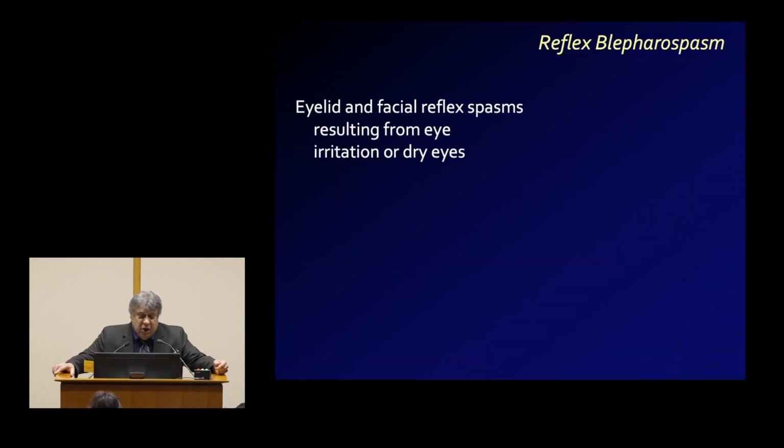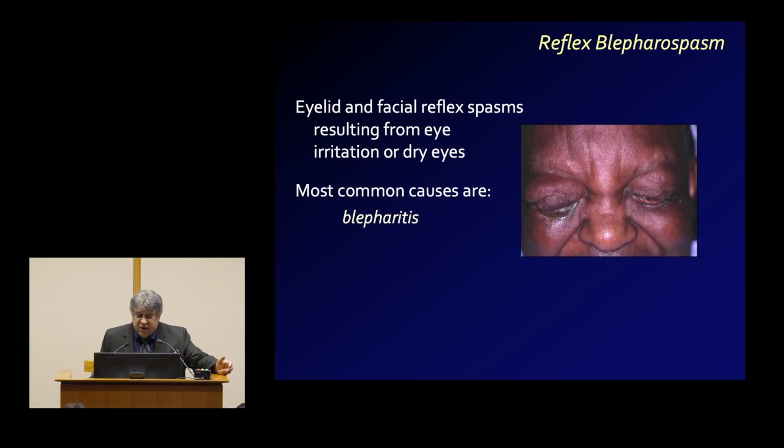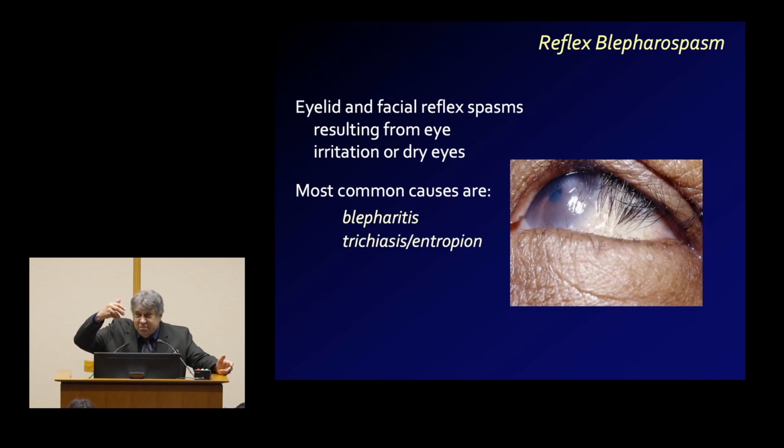Reflex blepharospasm are due to eyelid or facial irritation of the eyes, such as dry eyes or things touching the eye. The most common causes: blepharitis, where there's inflammation of the lid margins and you have secondary spasms; touching eyelashes that are misdirected and touching the eye, or lids that are turned in, rubbing against the eye.